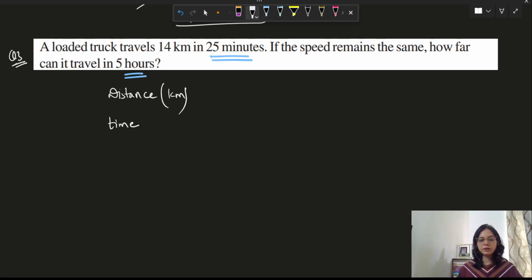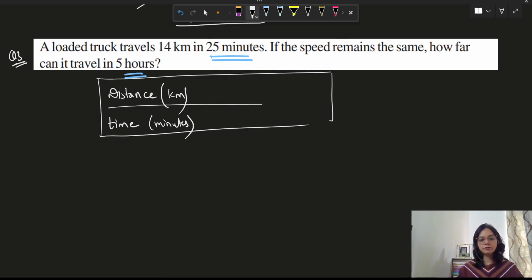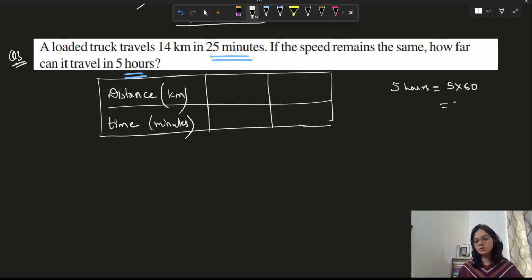Better to convert that into minutes, because if I convert minutes to hours, it will be in fraction. So I hope you all know how to convert hours into minutes. How do we do? We multiply by 60. So 5 hours will be equal to 5 into 60, which is 300 minutes.